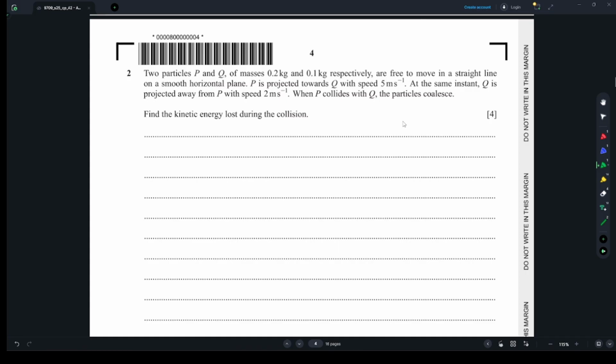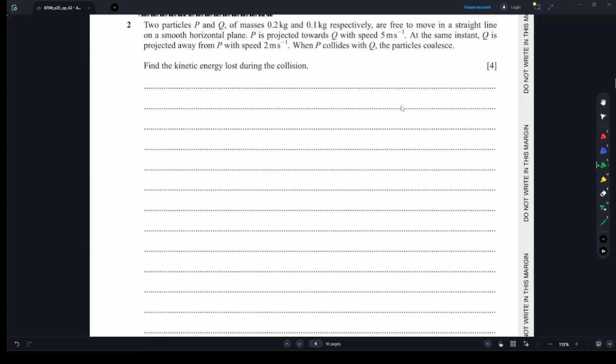P is projected towards Q with a speed of 5, and at the same instant Q is projected away from P with a speed of 2. When P collides with Q, the particles coalesce, so they stick together. Find the kinetic energy lost during the collision.